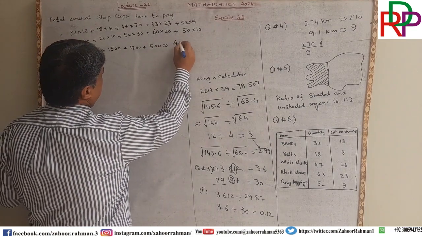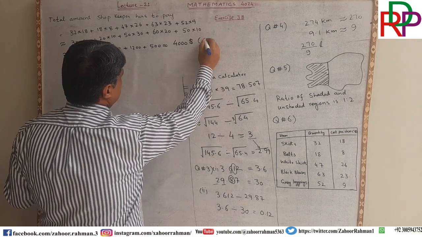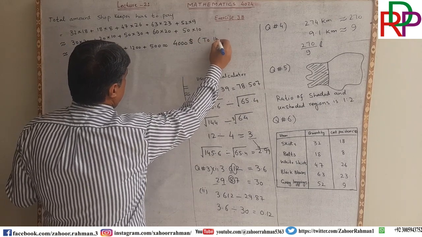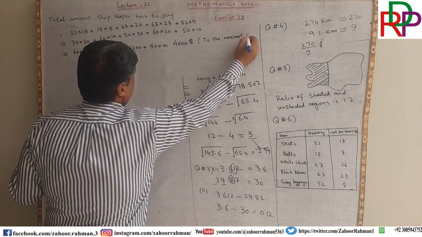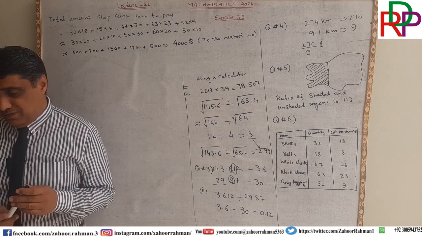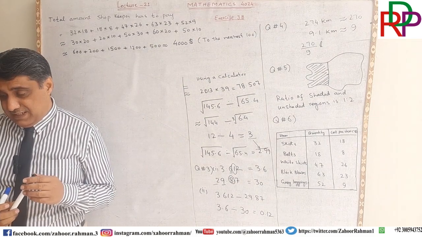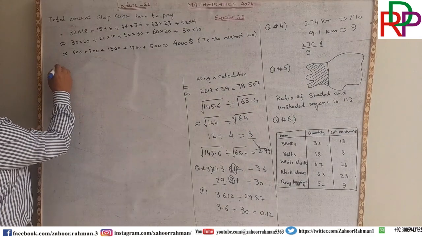We will get $4,000 to the nearest 100. So 4,000 is the estimated value, and that is the answer.